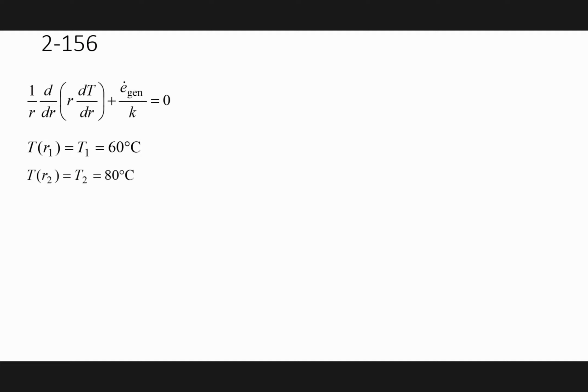Therefore, we know the radius of the pipe at 15 and 20. These are the temperatures, and it also mentions the heat generation per unit volume. But the value given to us is 25 kilowatts.